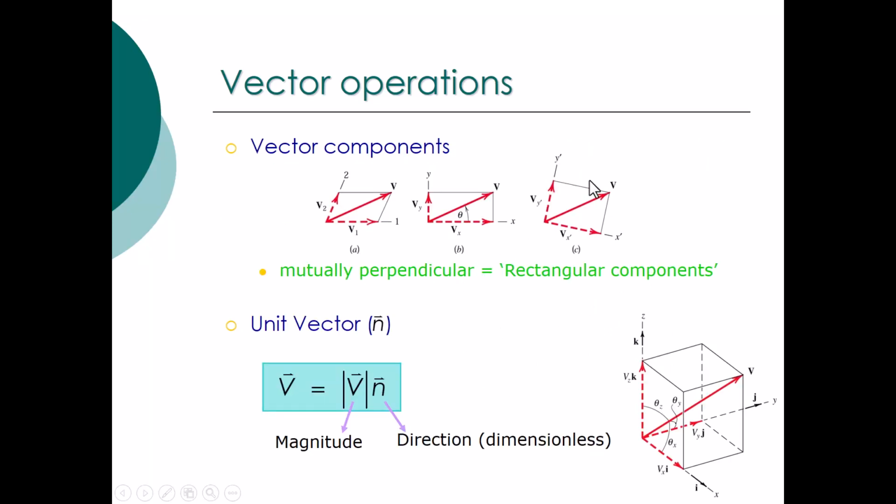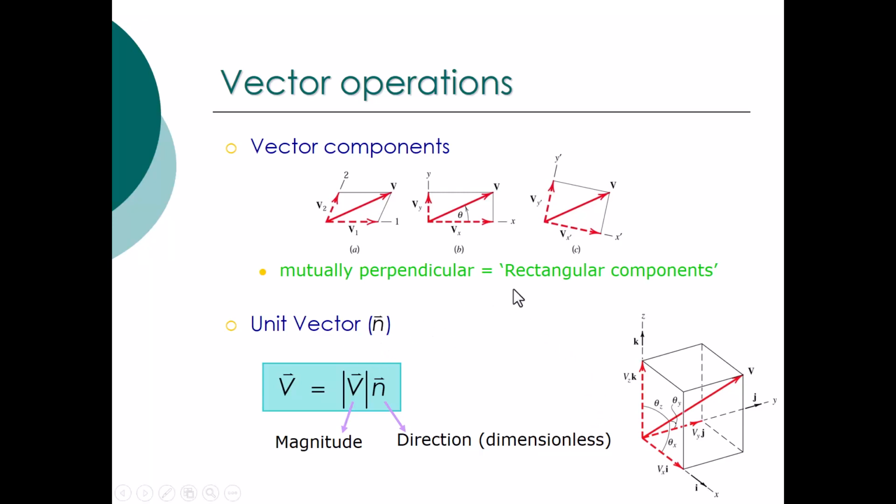You need to be familiar also with the vector representation. We might replace the vector notation with what's known as unit vector. The unit vector is a useful expression of vector direction, so you can see its orientation in space.